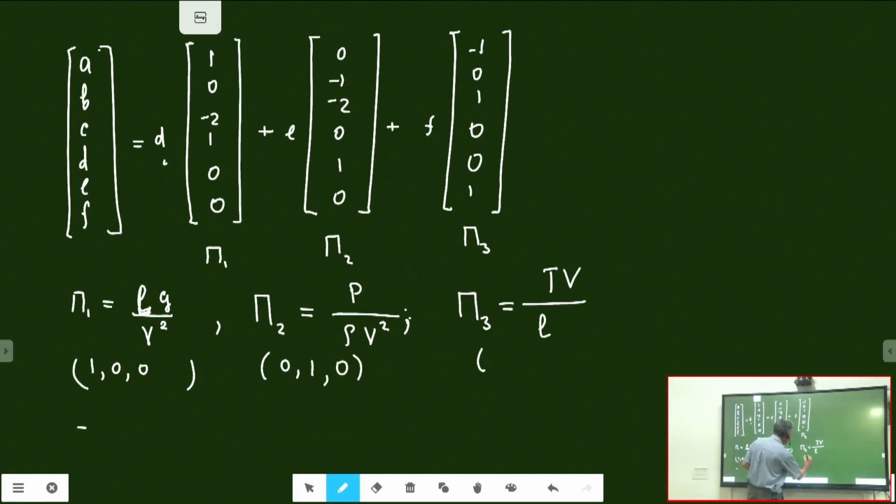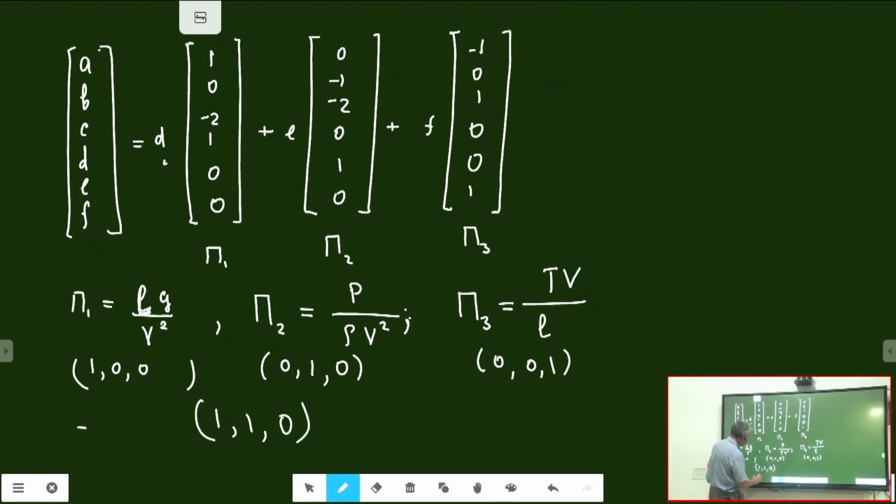Here we have 0, 0, 1. Okay, so these are triplets corresponding to D, E, and F. So my suggestion is that now I choose the combination of these two, which means that I will keep D as 1, I will keep E as 1, but I still keep F as 0. How will it look? So in this case, what will I get?